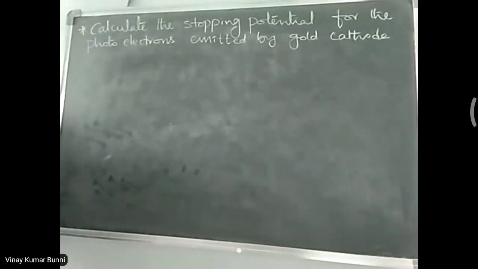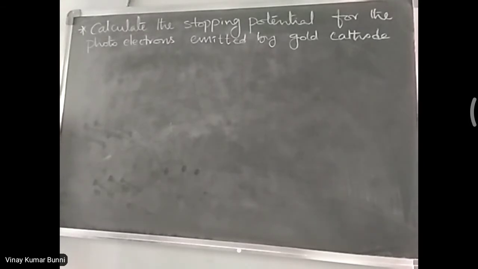This metal plate is at negative potential, so it is cathode.